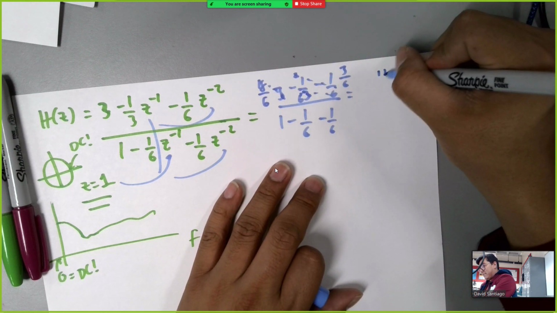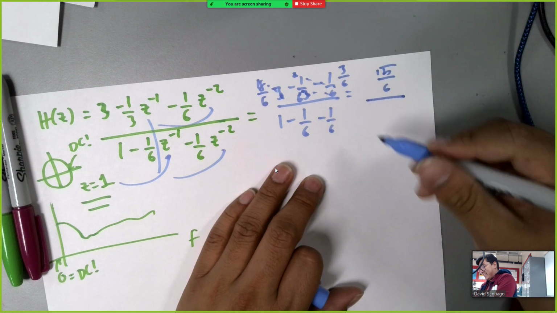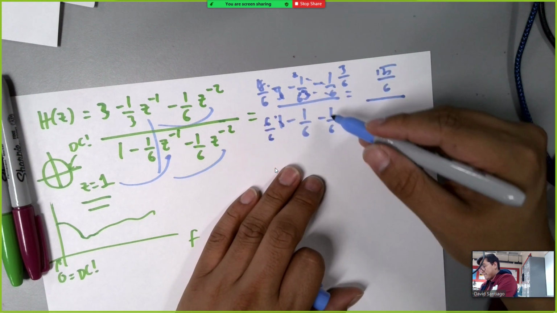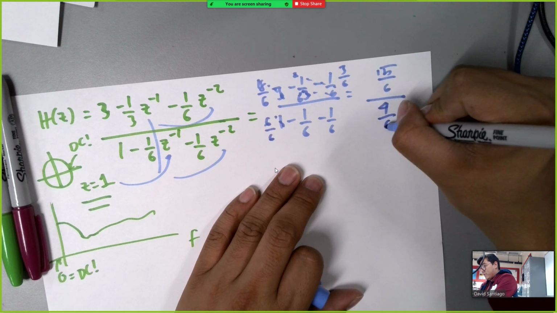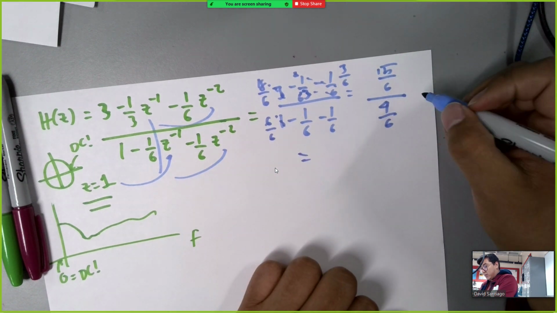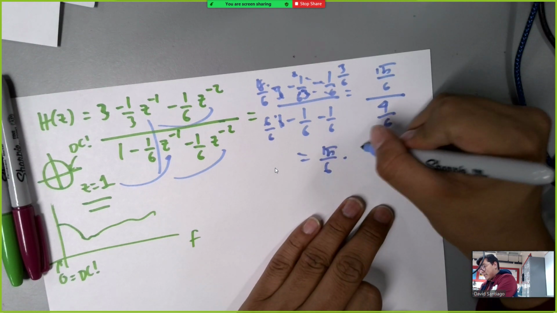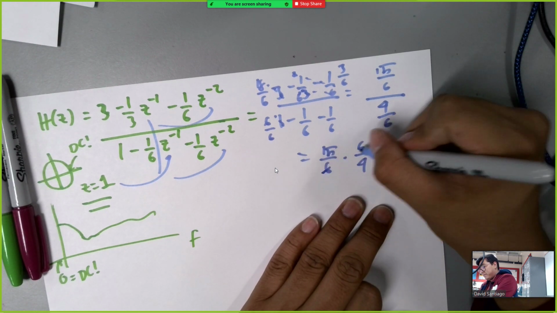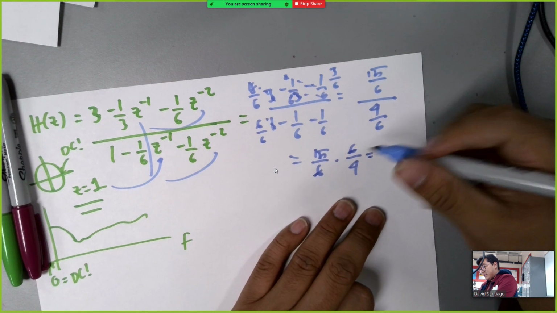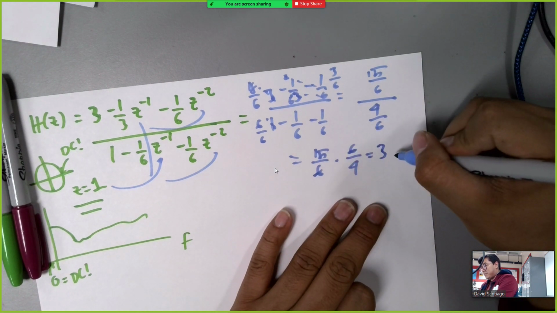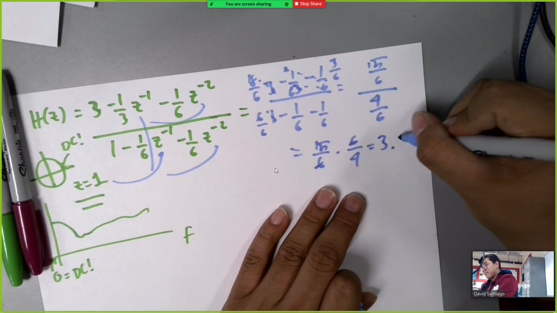It's going to give us 15 over 6. Okay. And then this right here is 6 over 6. It's going to give us 4 over 6, which is equal to 15 divided by 6 times 6 divided by 4. It's going to give us, well, how many times does 4 fit into 15? 3 times with 3/4.